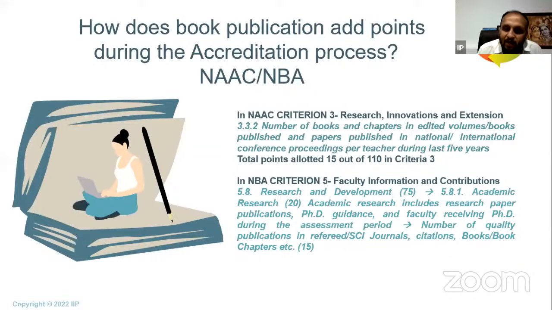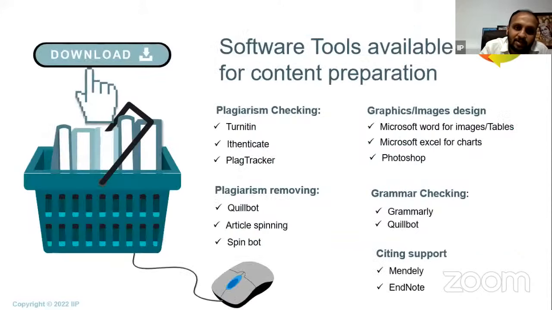So instead of waiting through a long review process, we can go with book publication in hybrid mode or self-publication mode with international publishers. It is comparatively easy to fetch 15 points in the NBA accreditation process this way. This is how the points are allotted in the NAAC and NBA accreditation processes.